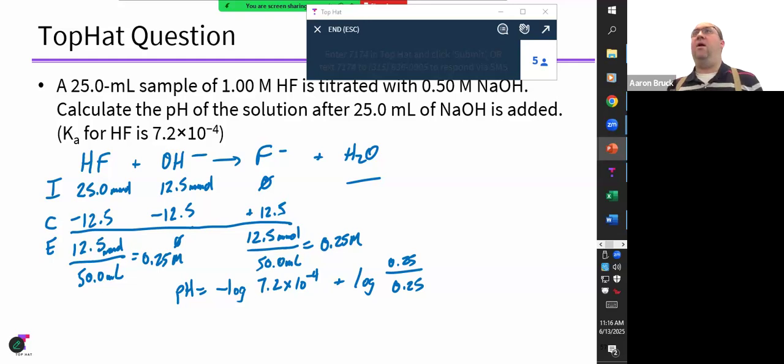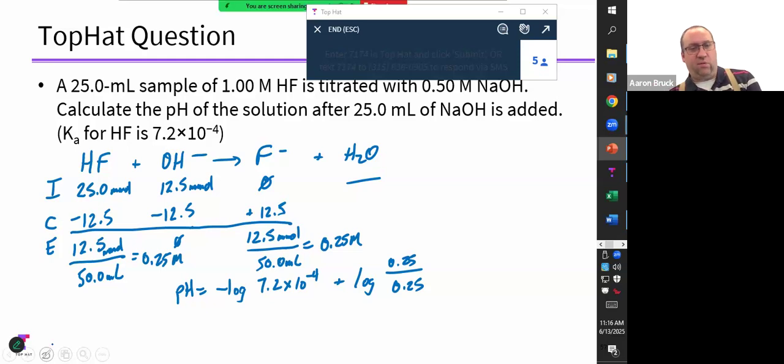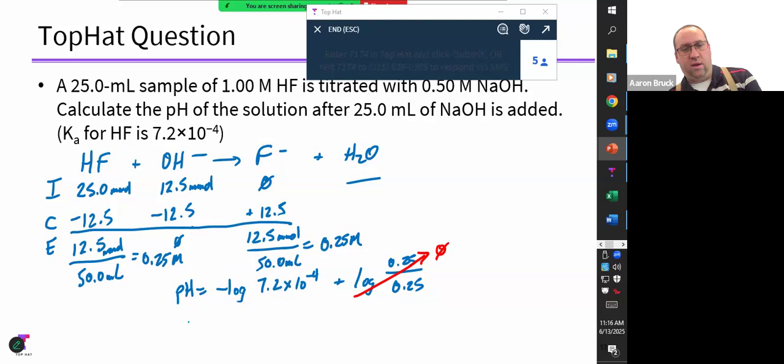And so mathematical recognition here: if I have the fraction where they're equivalent, 1, log of 1 is 0, so pH is equal to pKa here, which would be the negative log of 7.2 times 10 to the negative 4, 3.14.